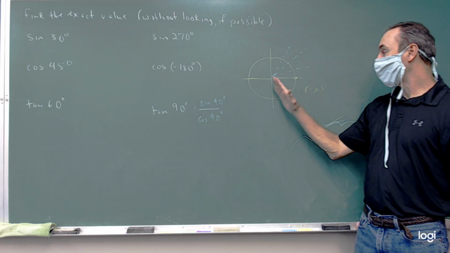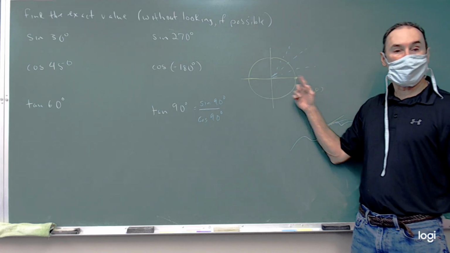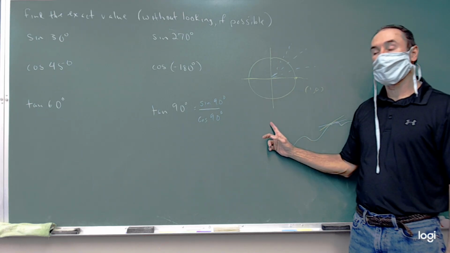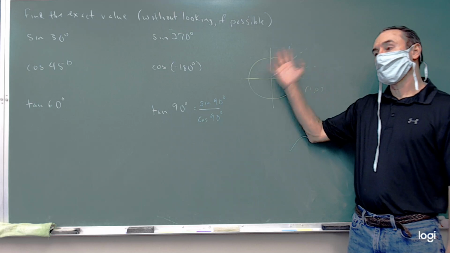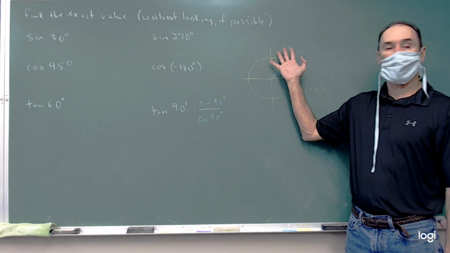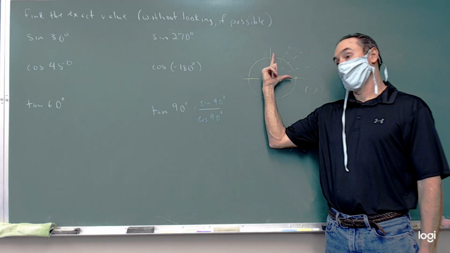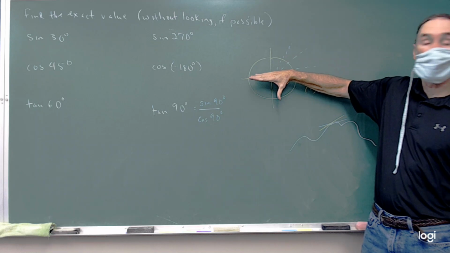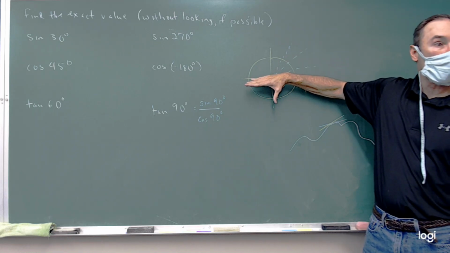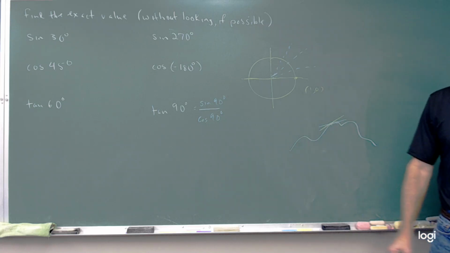Likewise, the tangent of any angle in quadrant 4 is negative, because the cosine is positive and the sine is negative. Quadrants 1 and 3 are positive quadrants for tangent, because in quadrant 1 the sine and cosine are both positive, and in quadrant 3 they are both negative, and a negative over a negative is also positive.